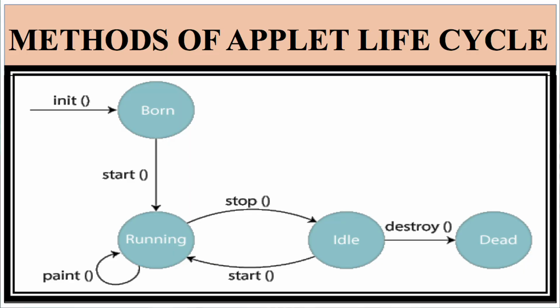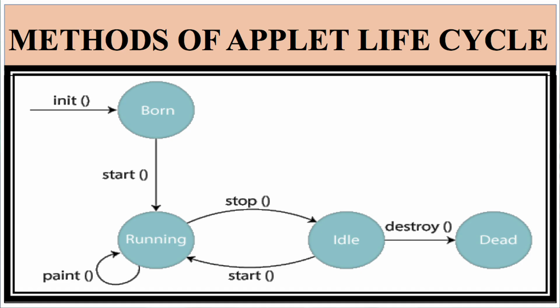So, this is the applet life cycle, where we have different functions, and you can see their use in this flow chart. Basically, by using the init function, an applet will be born, and after the birth of the applet we have the start function.